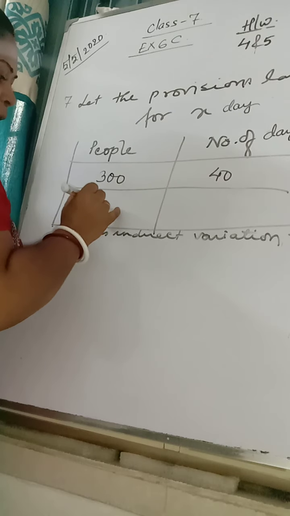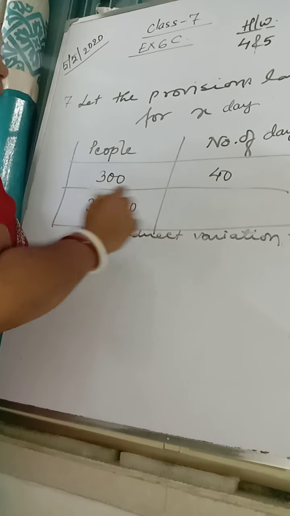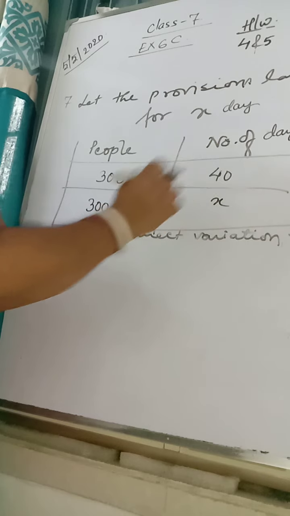So 60 people left, so 300 minus 60 remain for X days.